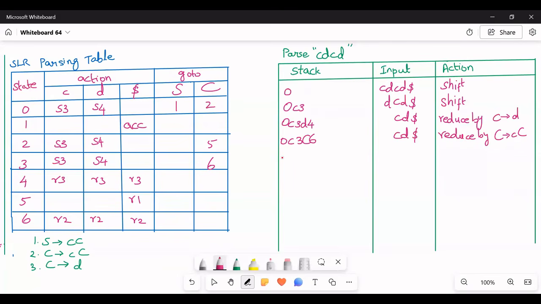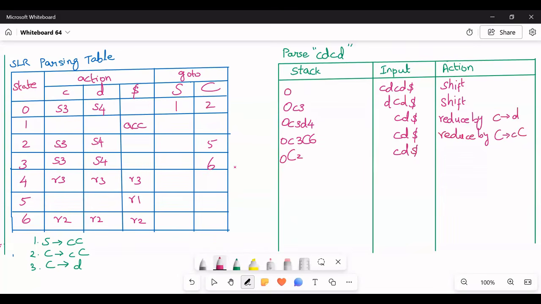So pop 4 symbols from the stack: C3, capital C6, all 4 symbols will be popped. Then we push the capital C as well as the goto of 0 comma C, which is 2. There is no change in the input buffer.